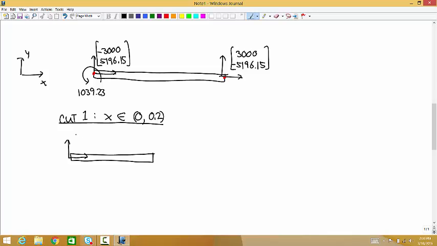So over here we have negative 3,000, positive 5196.15, a couple of 1,039.23, and then tension, shear force, bending moment. We don't have anything producing torques about the x-axis, so I'll just leave that off.